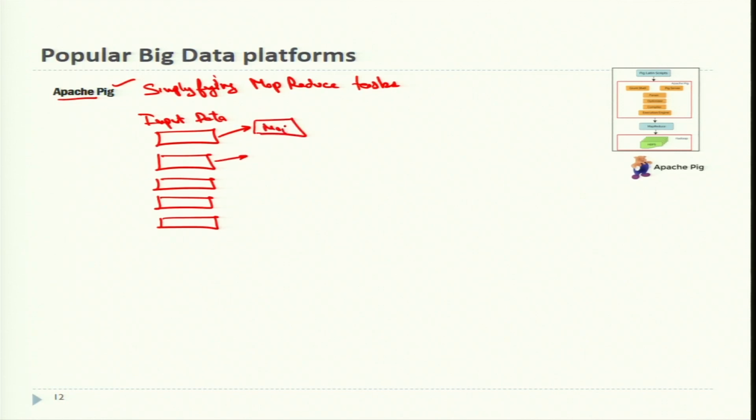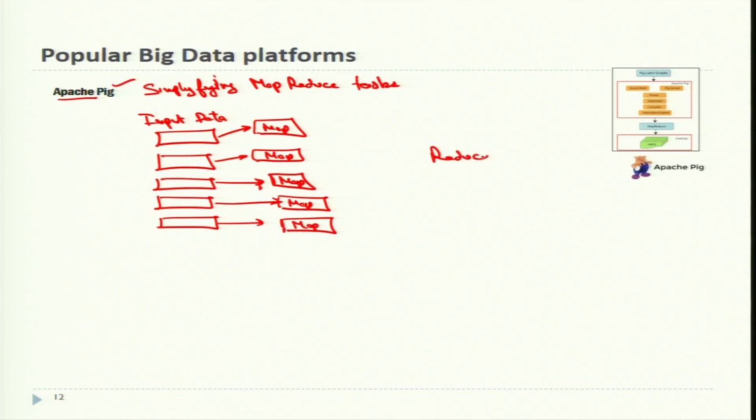Here we have map. Then we try to do processing over it and try to reduce the data. So, we have crunches of the data here.